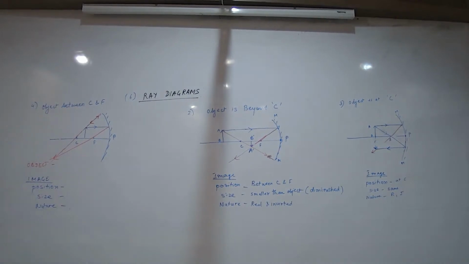What if I pass it through C? Also is possible. There are two ways of doing it. Same thing. We'll also make a similar one. I'll draw that one also. Yes. Image will come beyond.